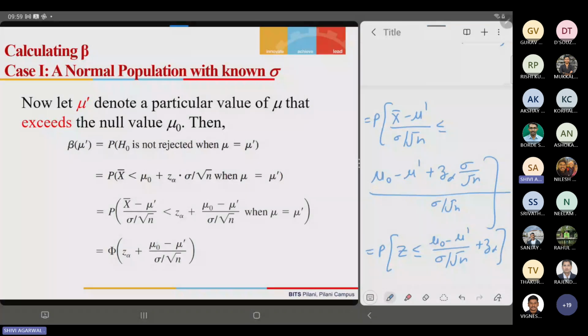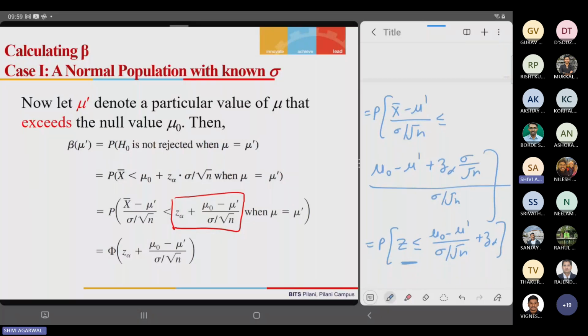So it becomes Z alpha plus mu naught minus mu dash upon sigma upon root n. You can calculate all the values and find the CDF of a standard normal distributed random variable, and that will provide you the final answer of the probability of type 2 error when mu is equal to mu dash.